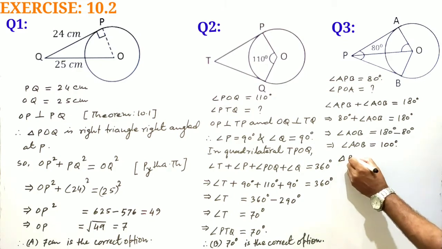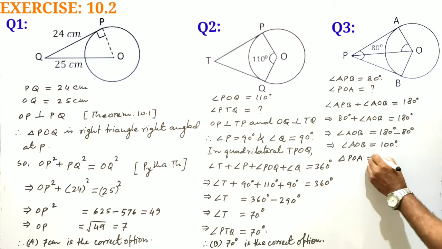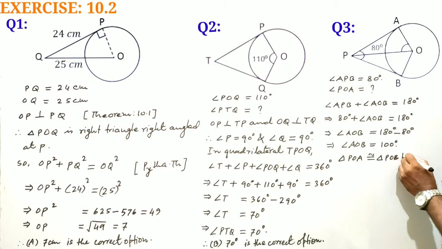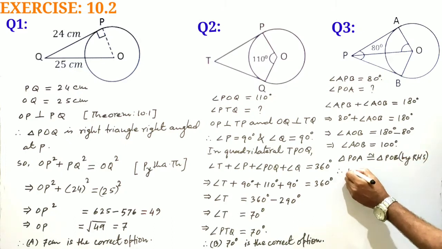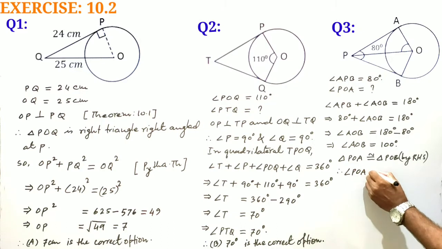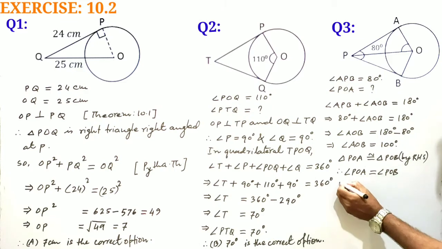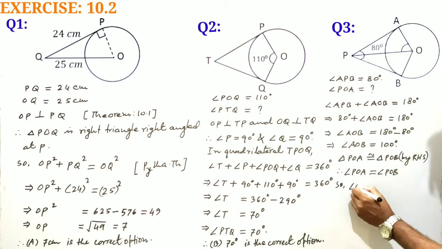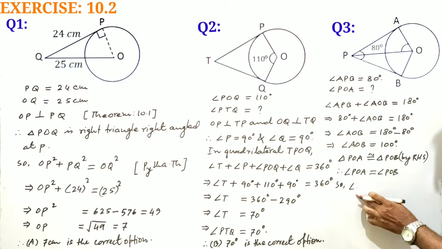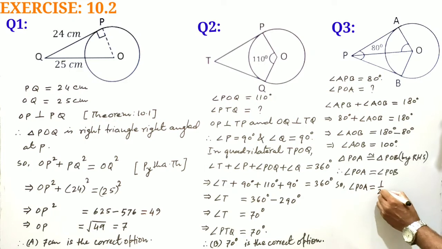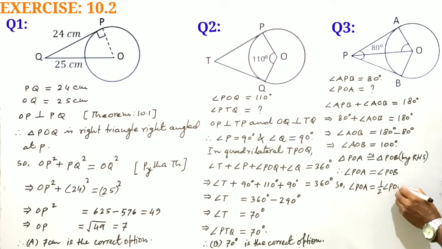Triangle POA is congruent to triangle POB by RHS congruence rule. Therefore, angle POA is equal to angle POB, and so angle POA is half of angle AOB.